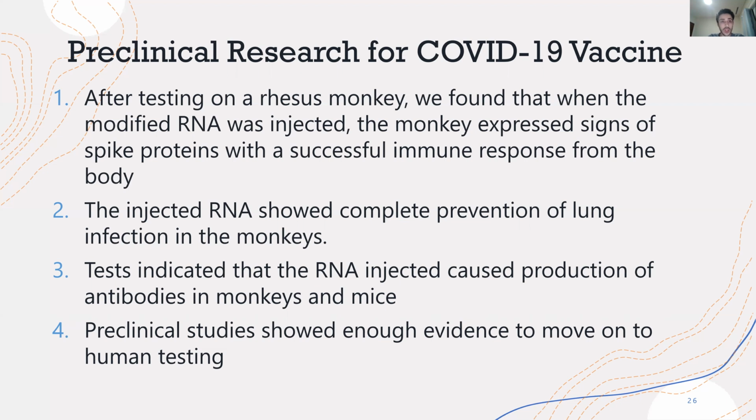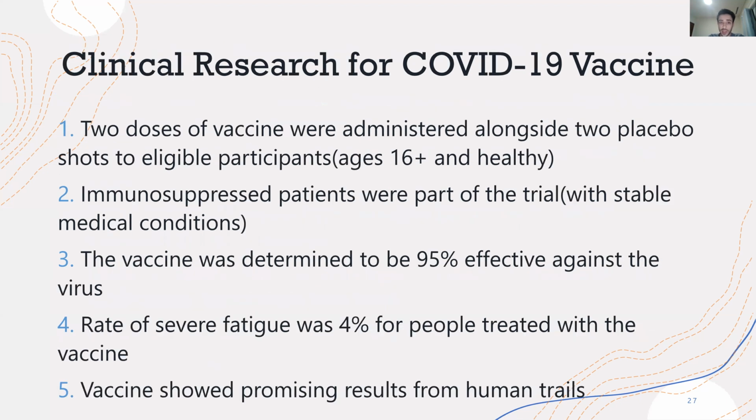In this human testing phase, as we mentioned, we used 2 doses of vaccine, and we also administered them alongside placebo shots. The vaccine and the placebo were given to participants age 16 and older, making sure that they're healthy.